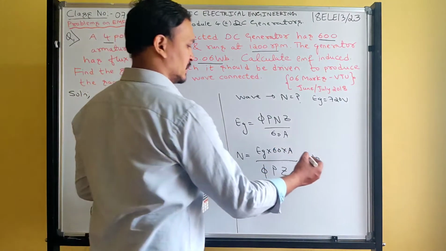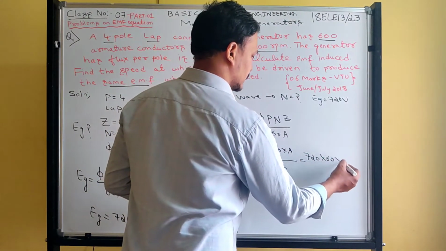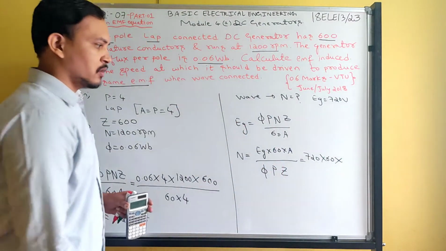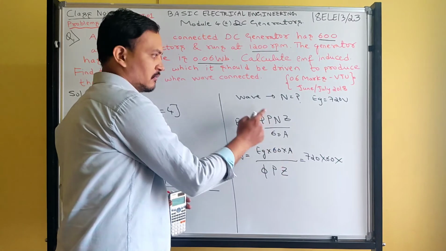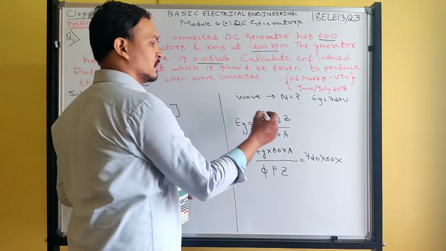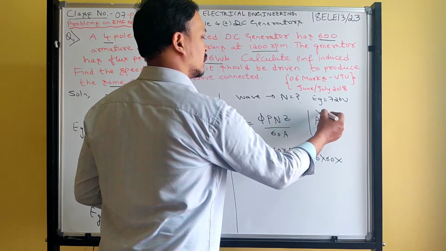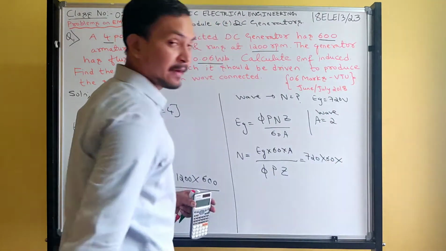So that is 720 into 60. But what value should we take for A now? What type of winding? Wave winding. In wave winding, A is equal to 2, because it is wave connected.